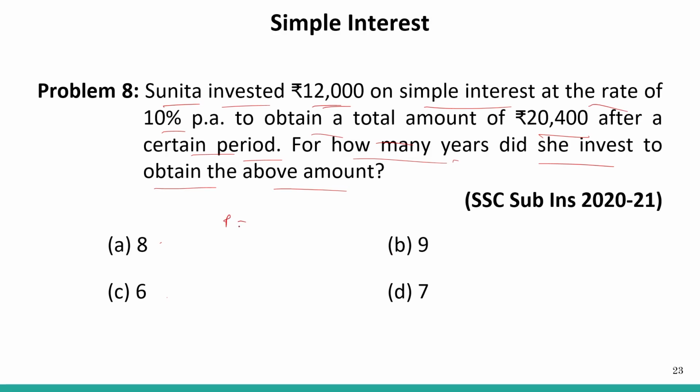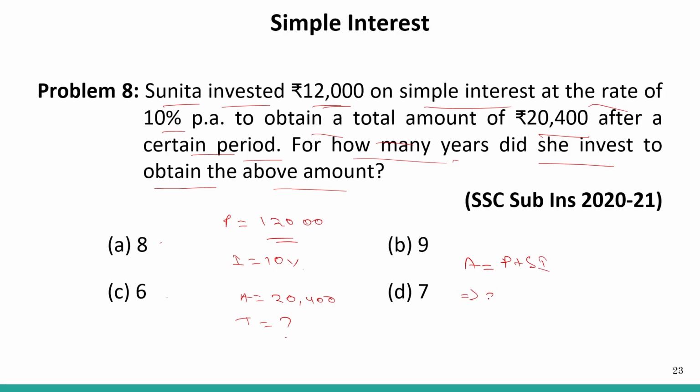Here P is given as 12,000, right? And the interest rate R is 10%. The total amount obtained is 20,400 after a certain period. So T is unknown here. So A is equal to P plus SI, right?